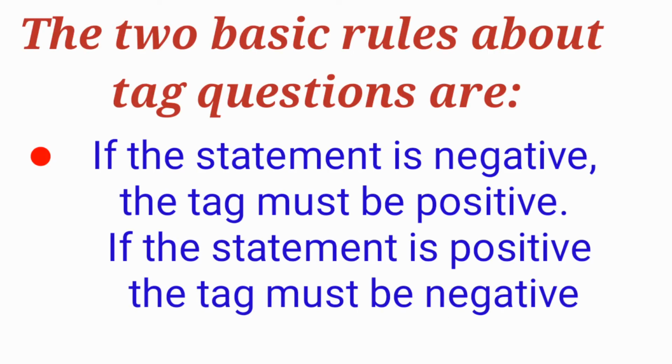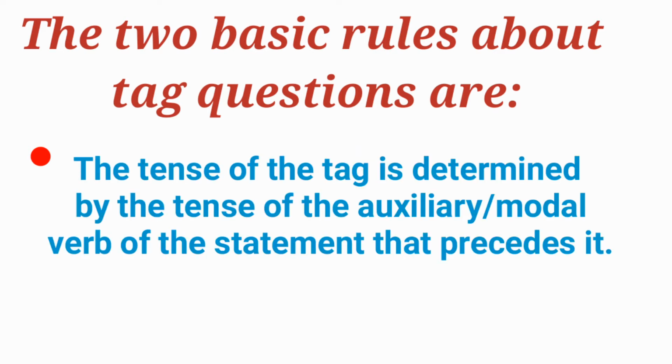The two basic rules about tag questions are: if the statement is negative, the tag must be positive. If the statement is positive, the tag must be negative. The tense of the tag is determined by the tense of the auxiliary or modal verb of the statement that precedes it.